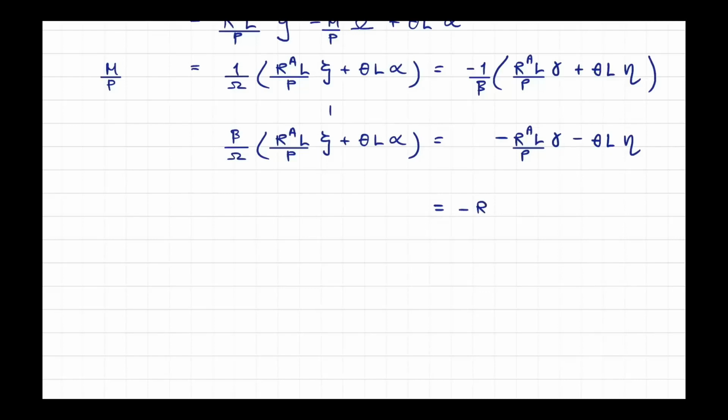Minus RAL over P multiplied by gamma minus beta over omega C. Whereas on the left hand side we have the theta L plus alpha beta over omega. We can cancel out the L for now.